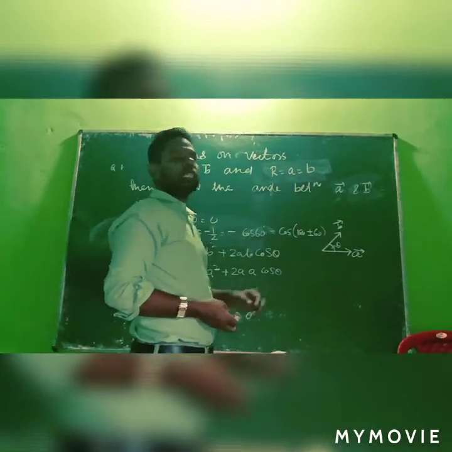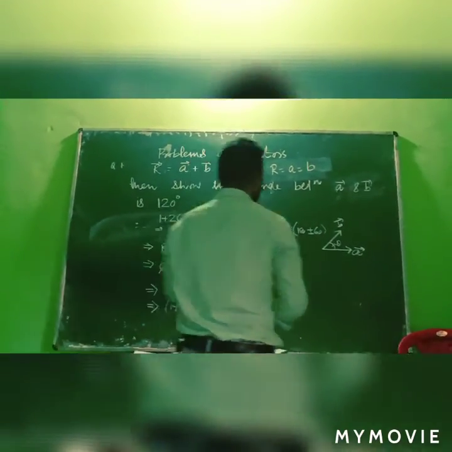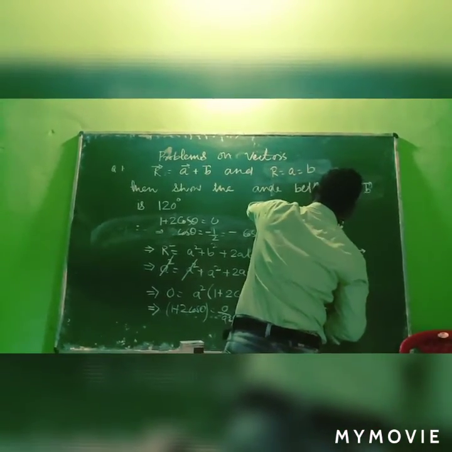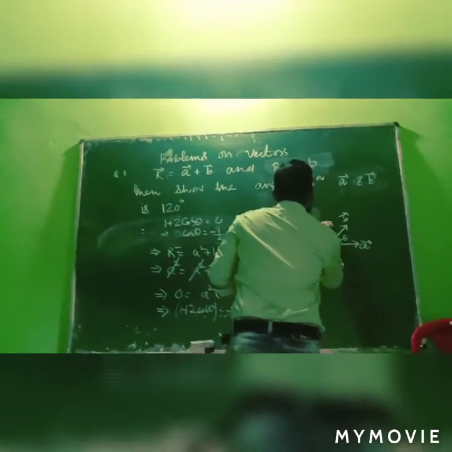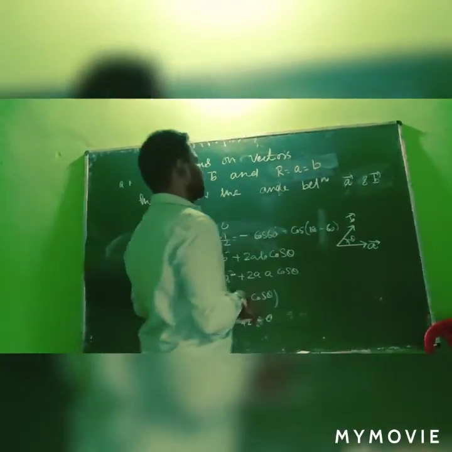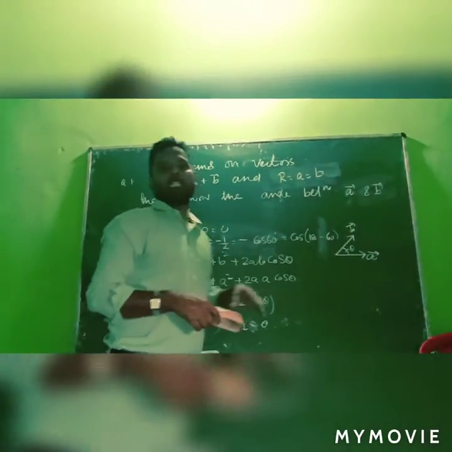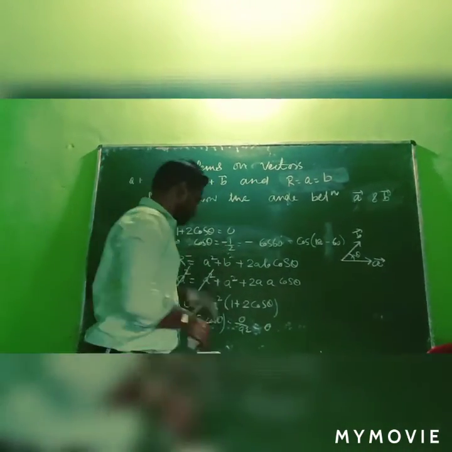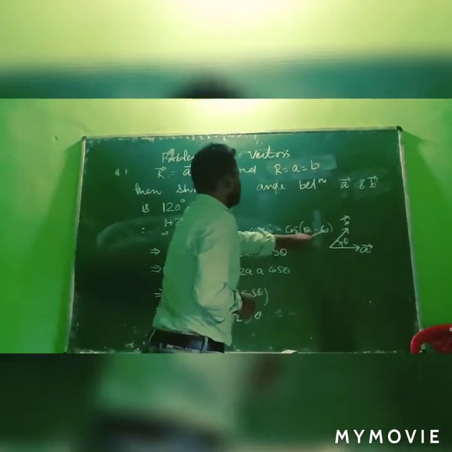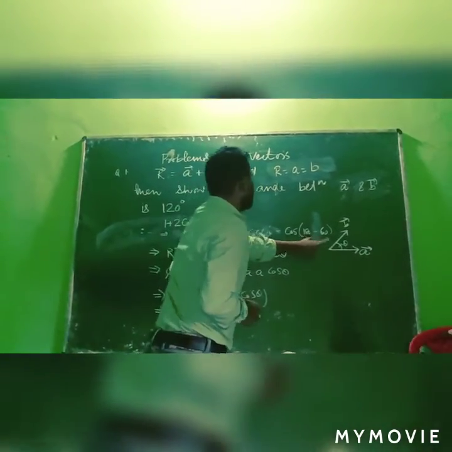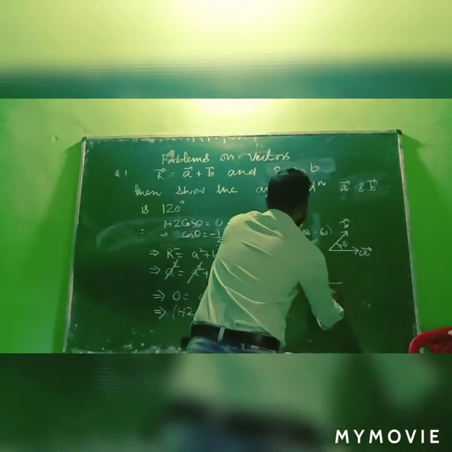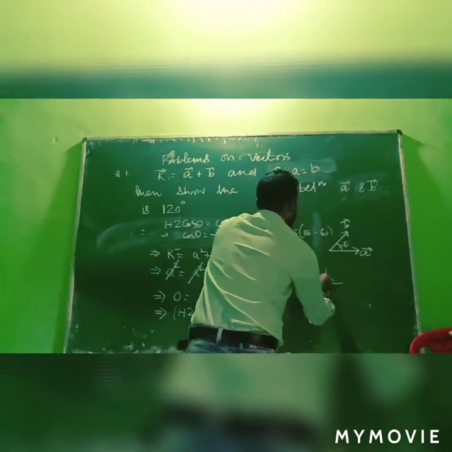Let us take first the least value. So least value means you have to first take the least value of the angle, that is 180 minus 60. We could also take 180 plus 60, but 180 minus 60 also gives minus half. Since it is 120 degree, it will come in the second quadrant.